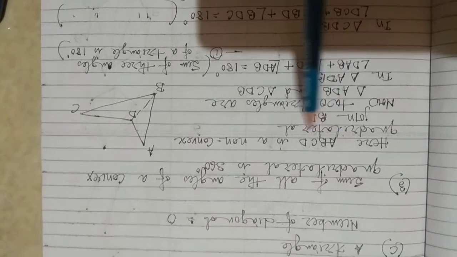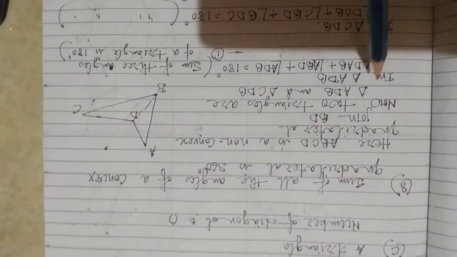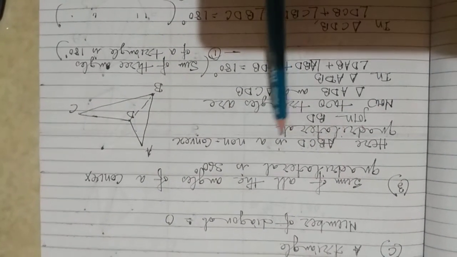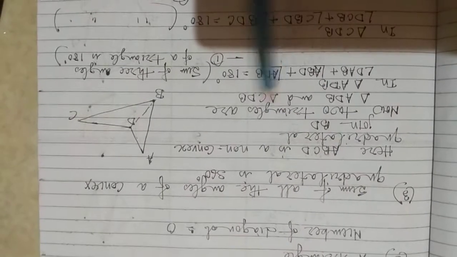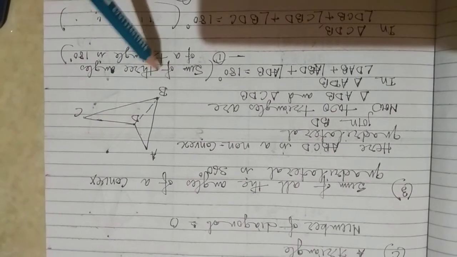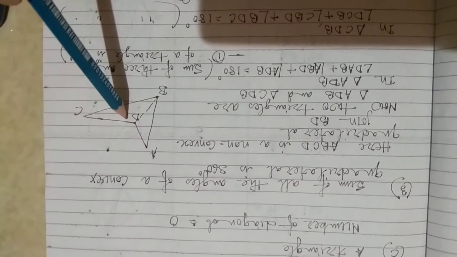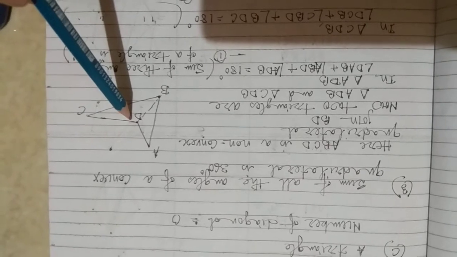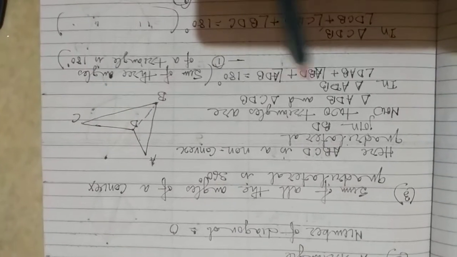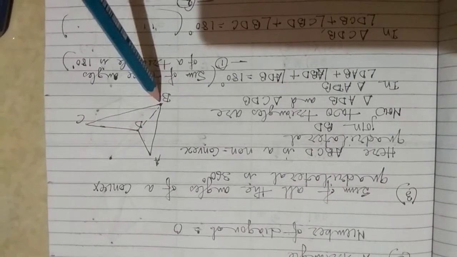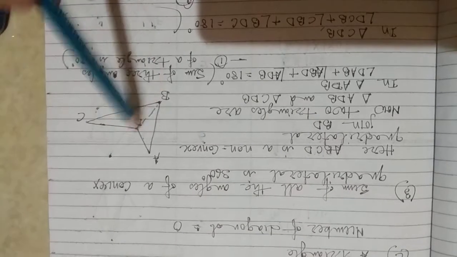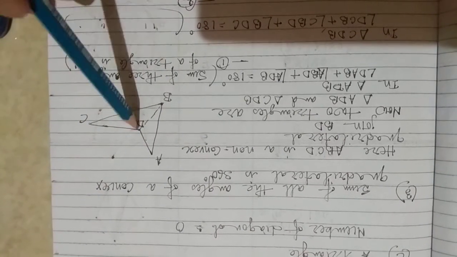Now, if it is not a convex quadrilateral, here ABCD is a concave quadrilateral, and this angle is more than 180 degrees. So join BD. Now there are 2 triangles, ABD and CBD.